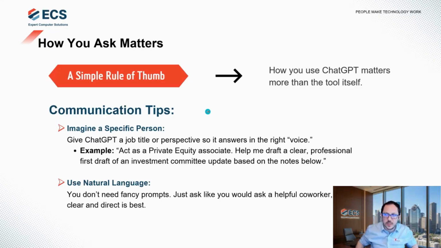How you ask a question makes a big difference. So, for example, if you put in, act as a private equity associate, help me draft a clear, professional first draft of an investment document, you're going to get a pretty decent response.